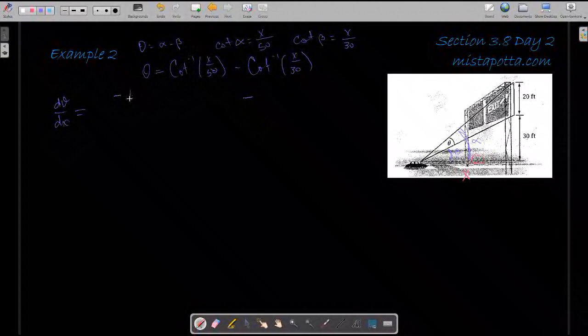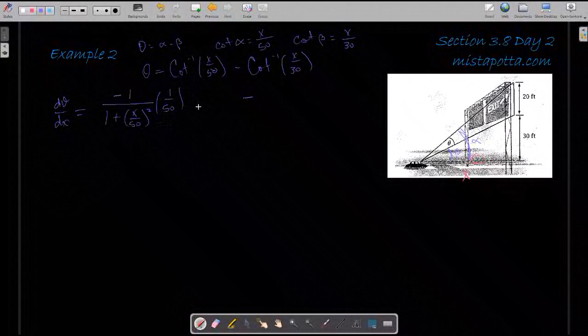So it's going to be negative 1 over 1 plus my angle squared times the derivative of my argument, which would be 1/50th.